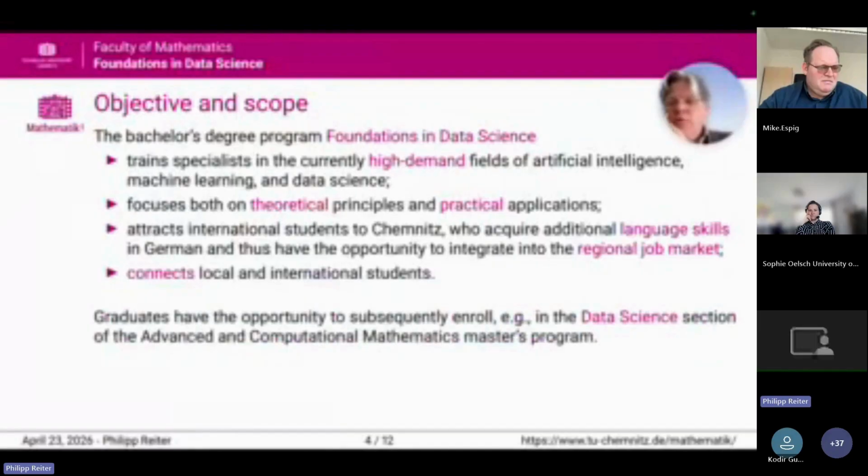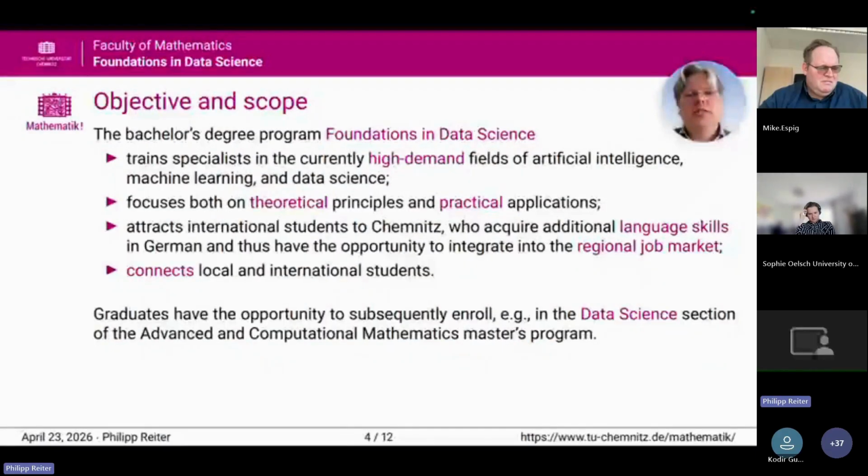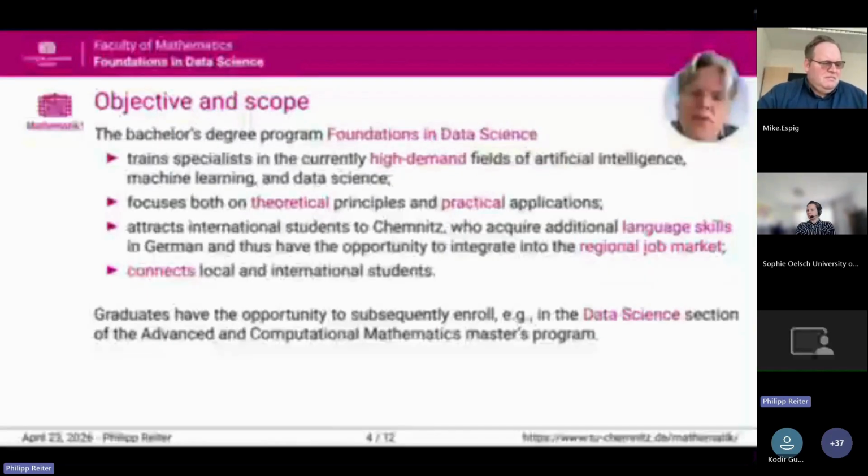As I already pointed out, we connect local and international students, and those who are graduating from our bachelor's program then have either the opportunity to go to the job market and work in industry, or enroll in the data science section of our international master's program.